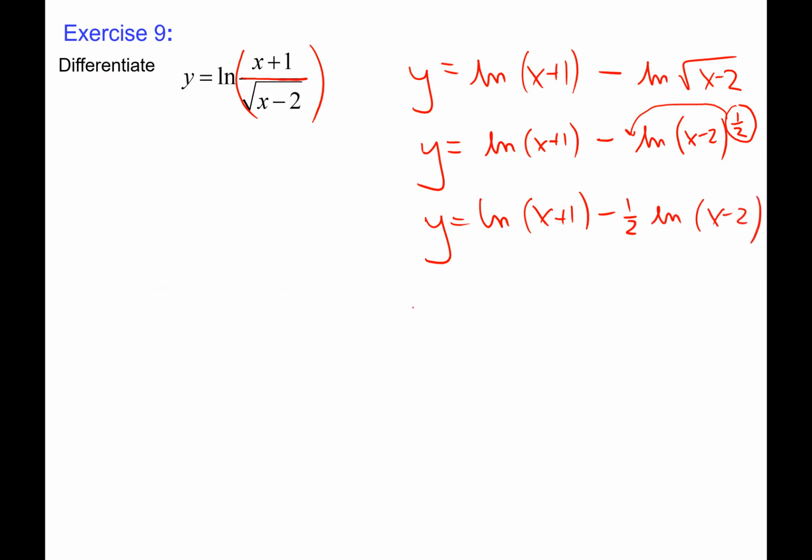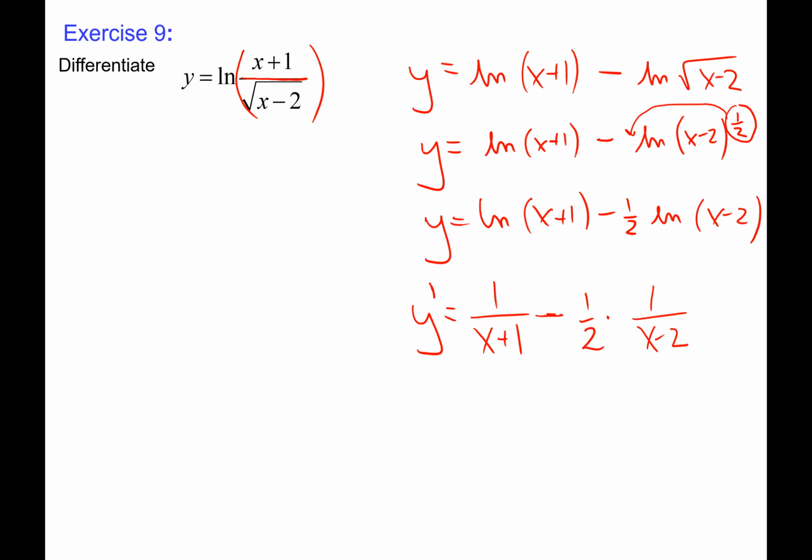Now it is a really easy and simple form for the derivative. Derivative of ln of x plus 1 is just 1 over x plus 1, and derivative of x plus 1 is 1. Minus, copy the constant, 1/2 is a constant. Derivative of ln of x minus 2 is just 1 over x minus 2. Derivative of this is 1.